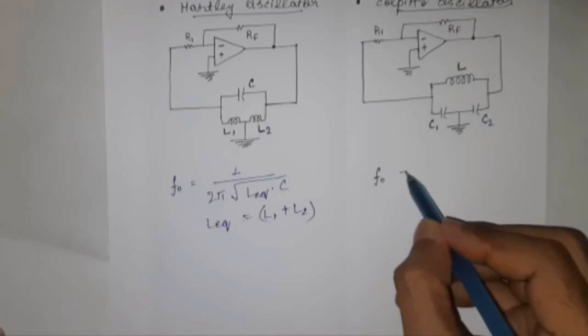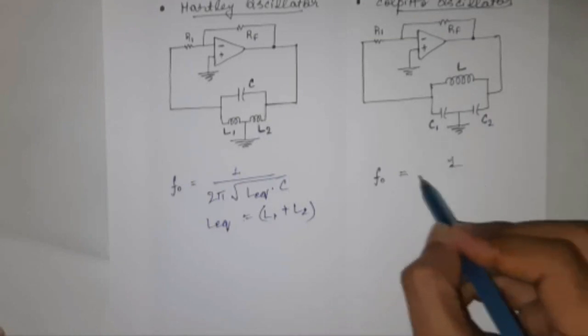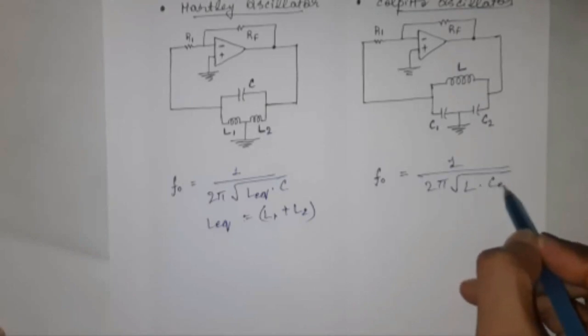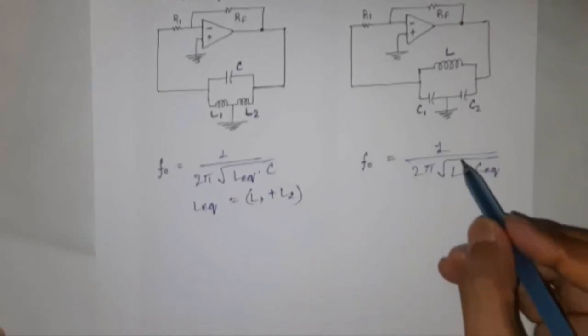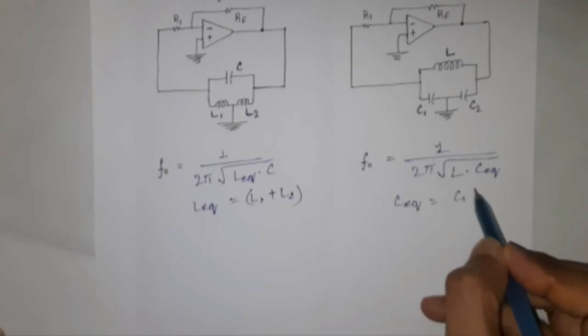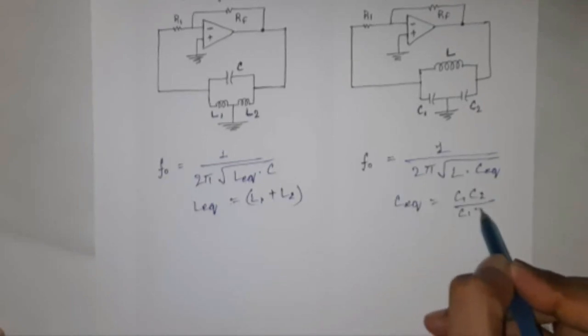And here the oscillation frequency is given by 1 by 2 pi under root L into C equivalent. Here it was L equivalent, now here it is C equivalent. Here C equivalent will be given by C1 C2 upon C1 plus C2.